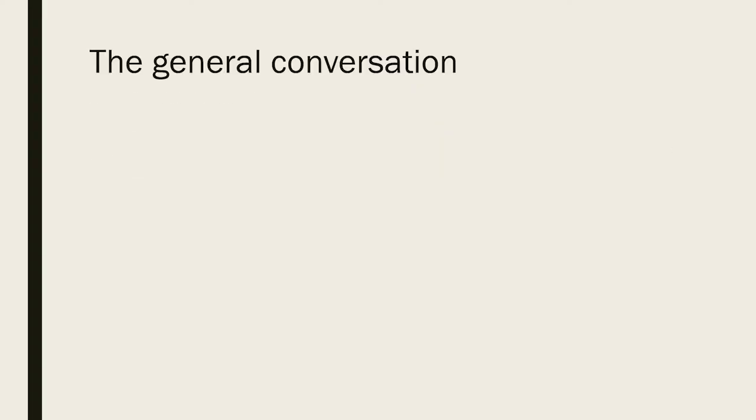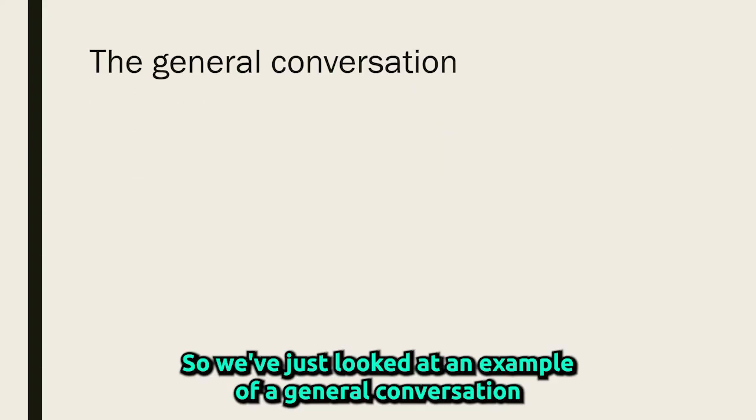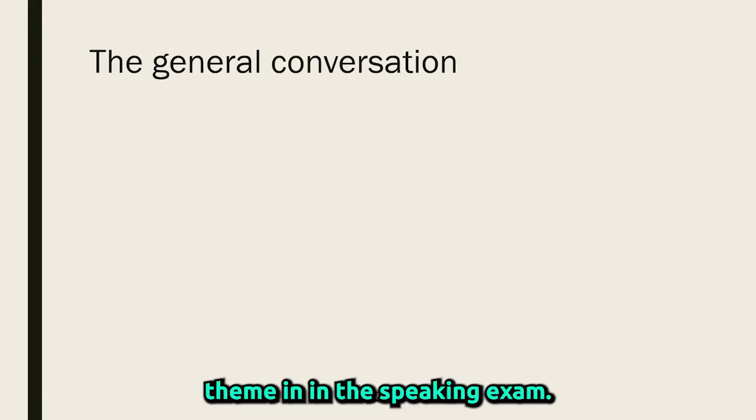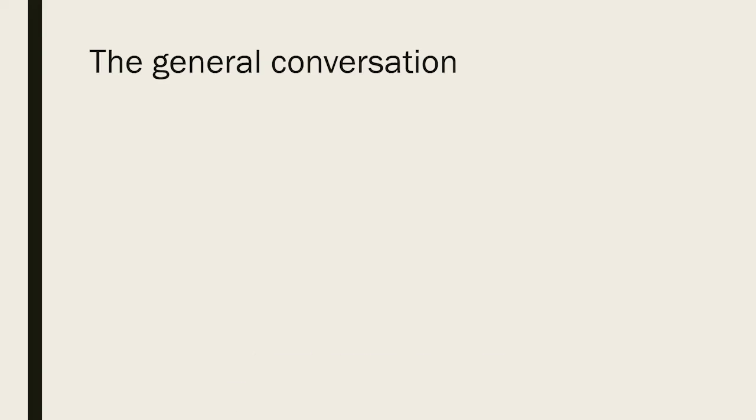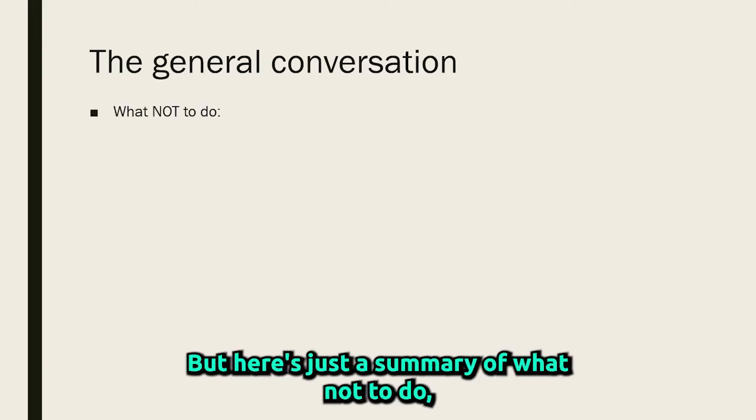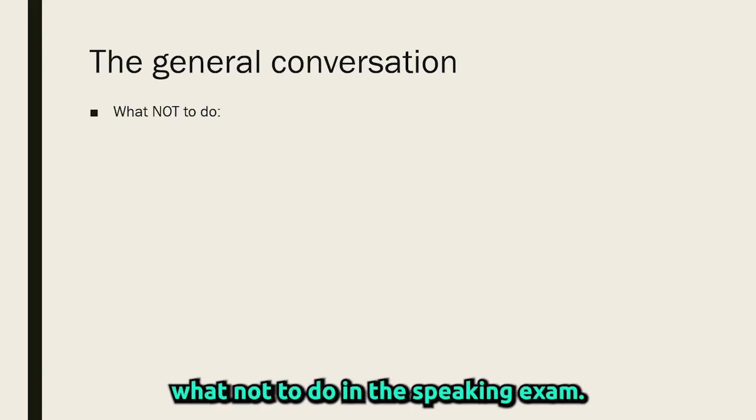So we've just looked at an example of a general conversation theme in the speaking exam, and we've seen and heard examples of answers that you want to be aiming for when you're doing your general conversation. But here's just a summary of what not to do in the speaking exam.